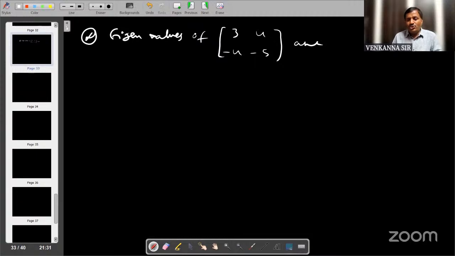So that is the question given. What are the different options? Observe, whenever you are solving questions on eigenvalues and eigenvectors, remember the answer is available in the options only, so go with trial and error. 90% of the questions are trial and error.